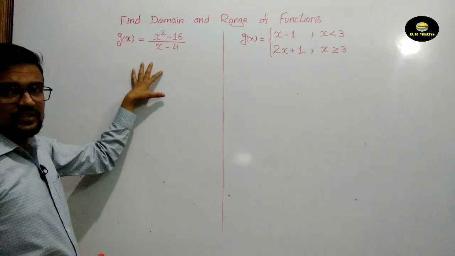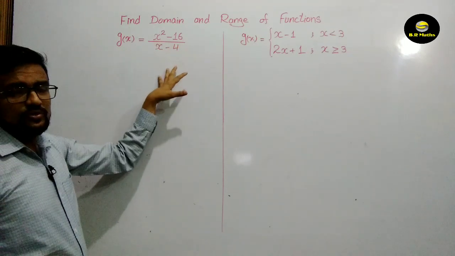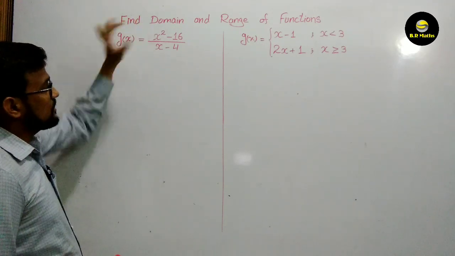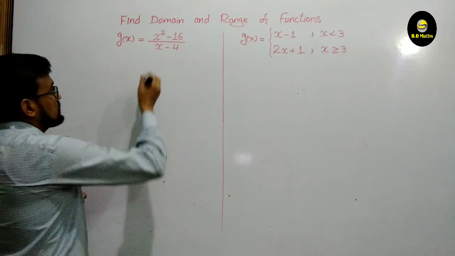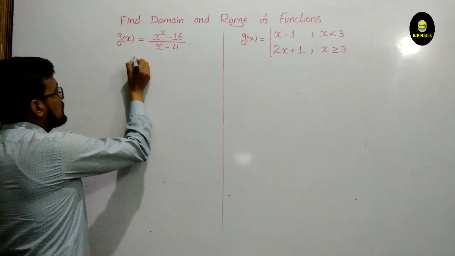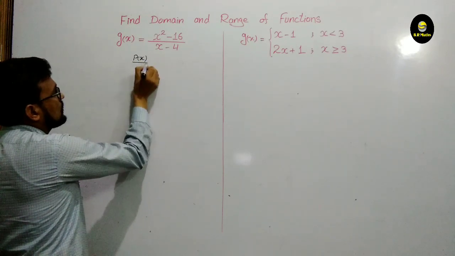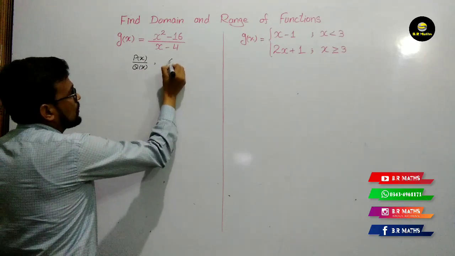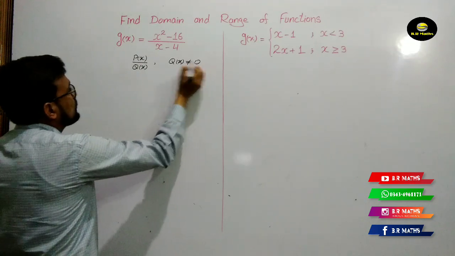So let's start, students. The first question: g of x is equal to x squared minus 16 over x minus 4. This is a rational expression, a rational function. According to the definition, any rational expression can be written as p of x over q of x, but q of x should not be equal to 0.